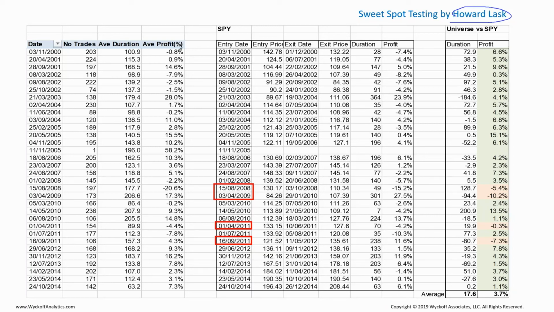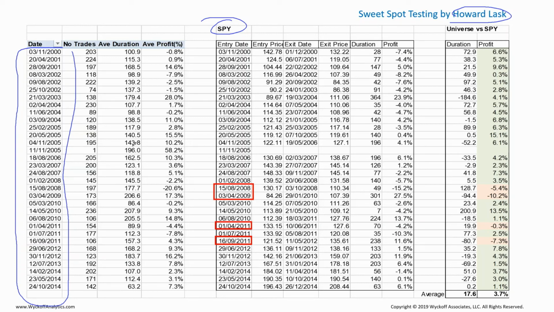And he said, I want to look at the S&P and I want to define all of the moves in the S&P, all of the swings that had a reversal and are ready to go up.